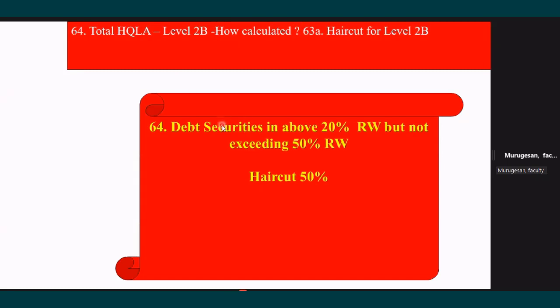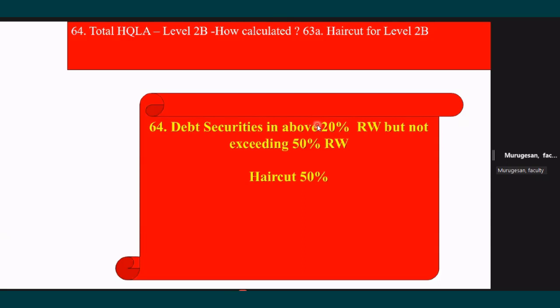Debt security need not be long term; short term also. But in companies with risk weighting above 20, meaning 20 and less, only 20 or 0. Either it should be AAA rated, meaning 20; there is no 10% risk.